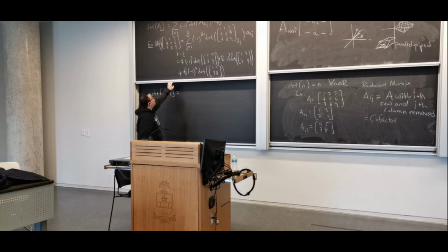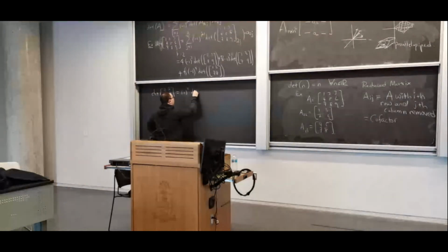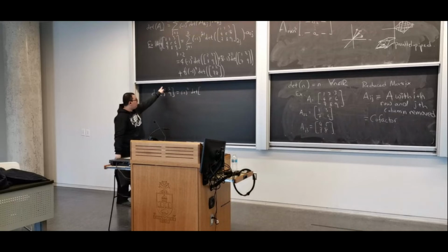I'm going to plug it back into my formula. I have minus 1 to the j plus 1. So the first one is just minus 1 to the 2, multiplied by the determinant of removing the first row and the first column.